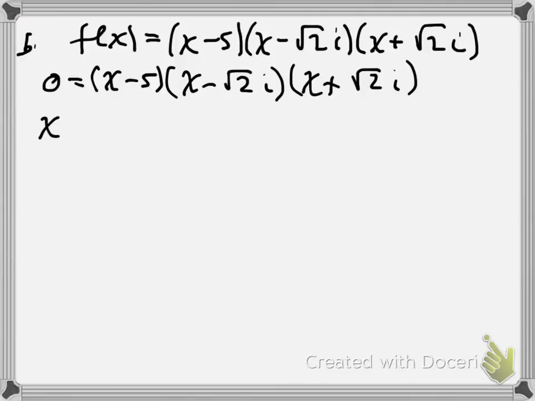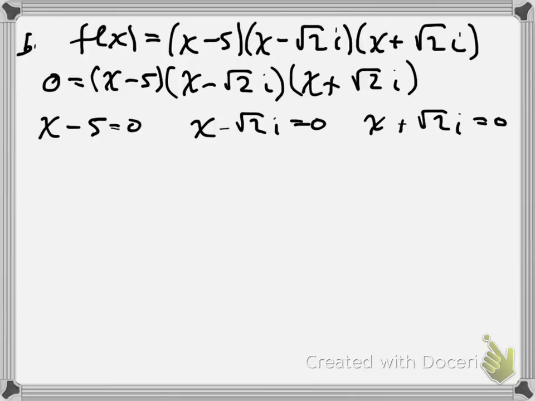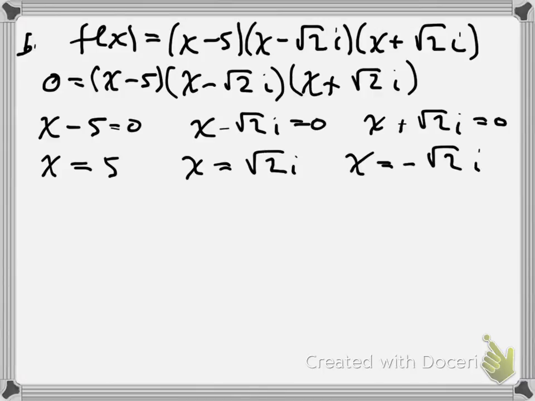So x minus 5 equals 0. x minus the square root of 2 times i equals 0, and x plus the square root of 2 times i equals 0. Alright, and so we're going to have x equaling 5, x equaling the square root of 2 times i, and x equaling negative the square root of 2 times i. Alright, so these right here are my zeros.